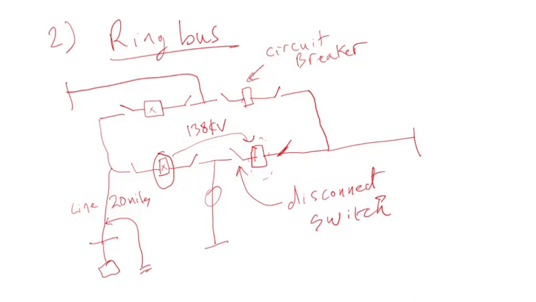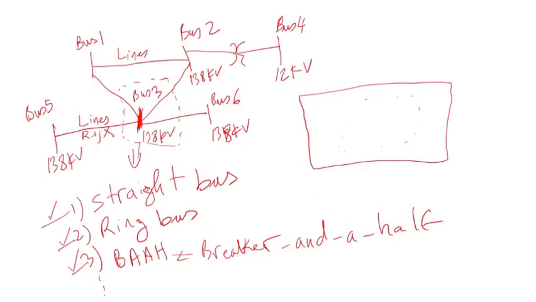The way you draw a breaker and a half, you have 2 buses. Let's call them bus A and bus B, but don't confuse them with bus 1 or bus 2 terminology here.